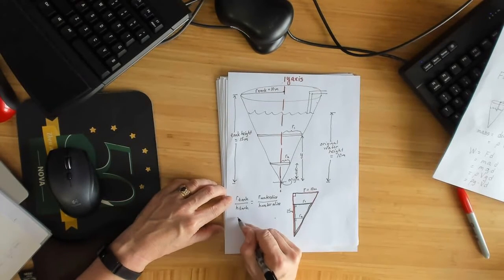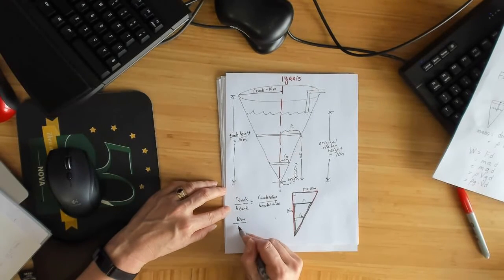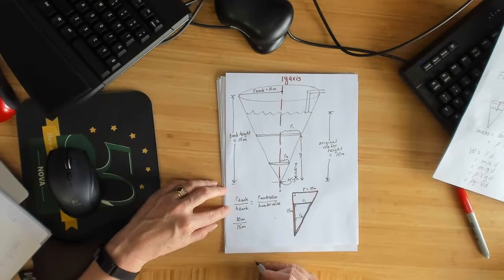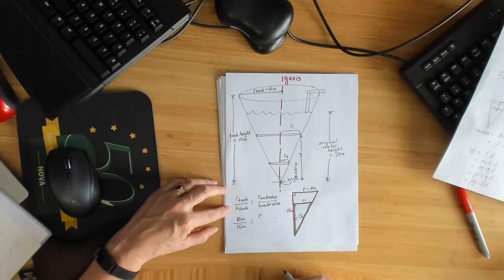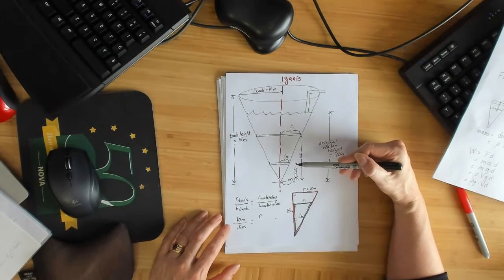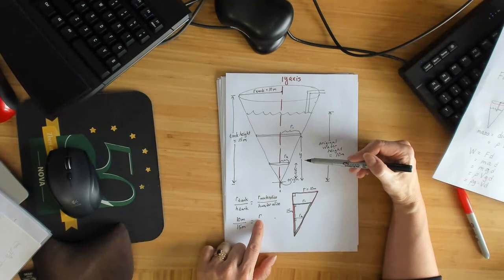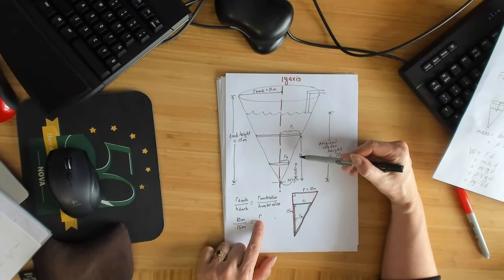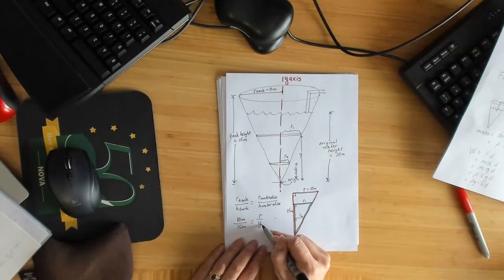The radius of the tank is a constant. It's always 10 meters. It never changes. The height of the tank is a constant. It's always 15 meters. It never changes. The radius of the water slice does change as the water level drops in the tank, so I'm going to leave that as a variable r. Now what about the height of the water? The height of the water in the tank also drops as the water level drops, so I'm going to leave that as y.